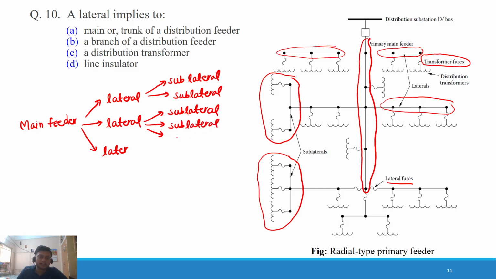So this hierarchy follows. First the distribution feeder is connected to the substation, then we have these laterals, then finally these sublaterals, and then we have the distribution transformer.